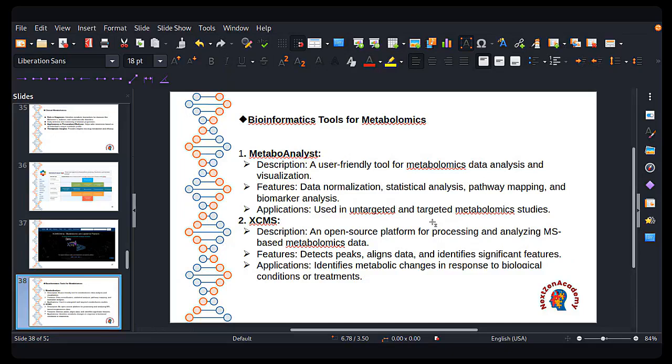Then XCMS is an open source platform for processing and analyzing MS-based metabolic data. It detects peaks, aligns data, and identifies significant features. The application is that we can identify metabolic changes in response to biological conditions or treatments.